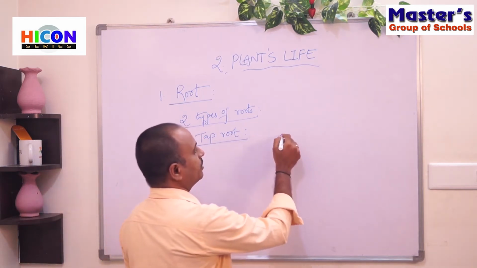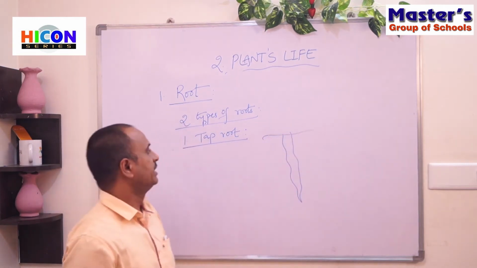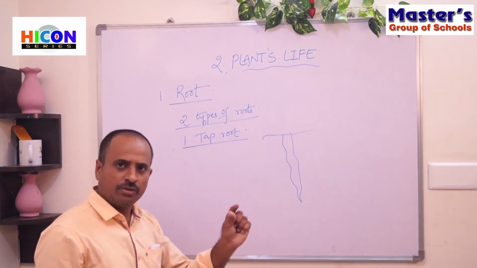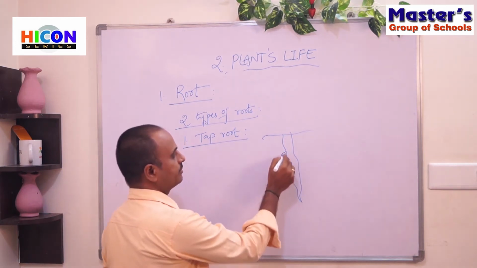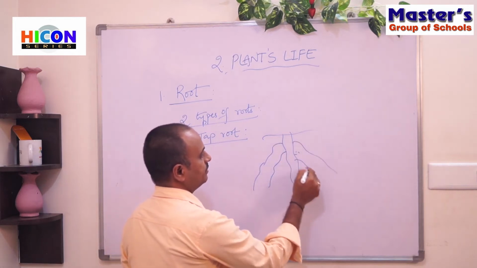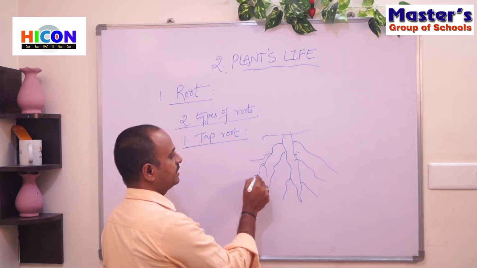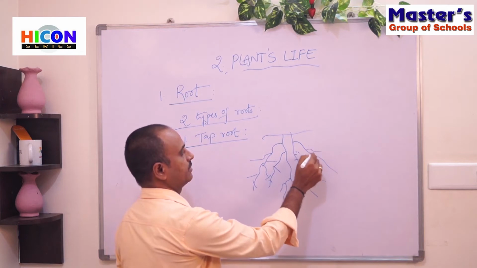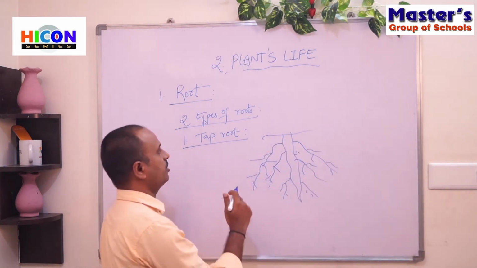In taproot there will be a main root, and some thin roots will grow from the main root like branches. This type of root is called taproot.